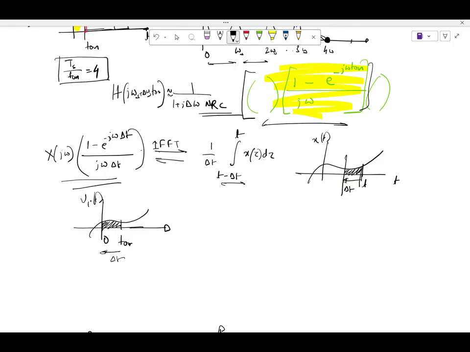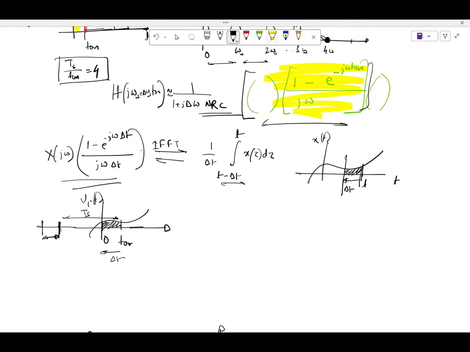But if I go to the previous cycle, where I was between, say this is TS, I would have the envelope here in this duration will be identical to the envelope between 0 to t on, because it is a periodic sequence. I mean, it is an LPTV. It is an LPTV network, right?